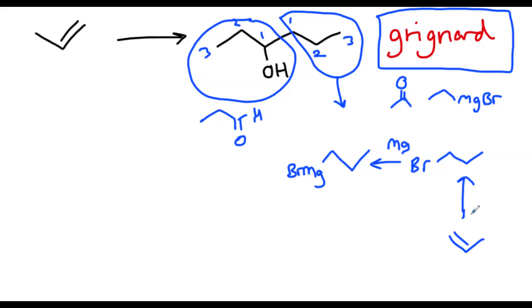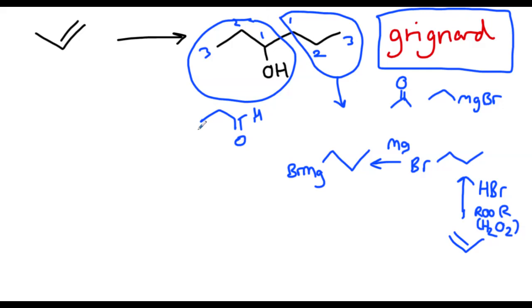If you remember, is this a Markovnikov or an anti-Markovnikov addition of HBr? Well, it's an anti-Markovnikov addition. So it's got to be the radical mechanism that you either use peroxides or hydrogen peroxide or whatever you want to do. So H2O2 would work, any peroxide will work. So this gives me my Grignard reagent from my starting alkene.